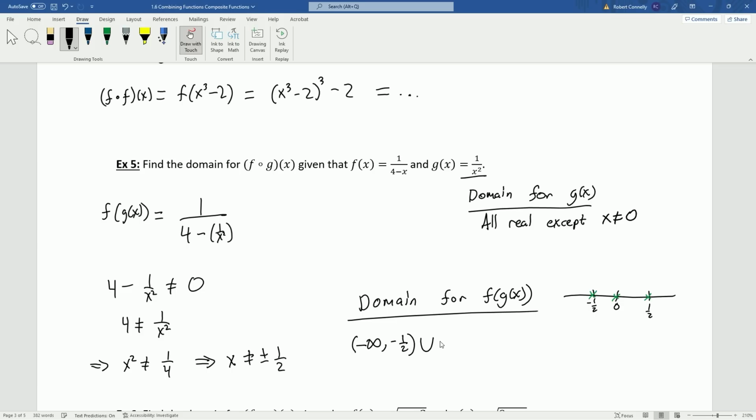And then we union that with all of the values from negative 1/2 to 0. And then we union that with all of the values from 0 to 1/2. And then we union that with all of the values from 1/2 to infinity. All right, there's 4 intervals for valid x values. So we just write this as the union of those 4 intervals.